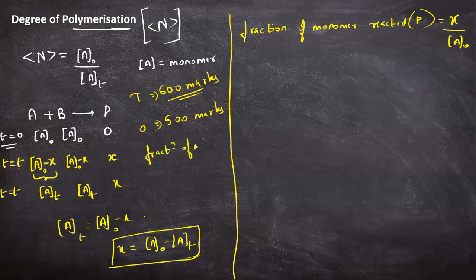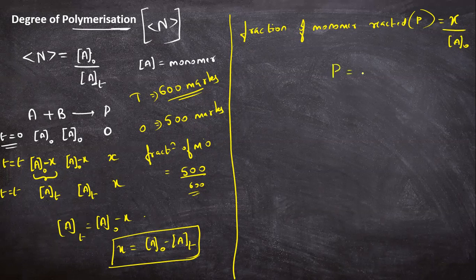It will be the marks you obtained divided by total marks. In the same way, the fraction of monomer reacted will be how much is converted divided by the total concentration of the monomer.